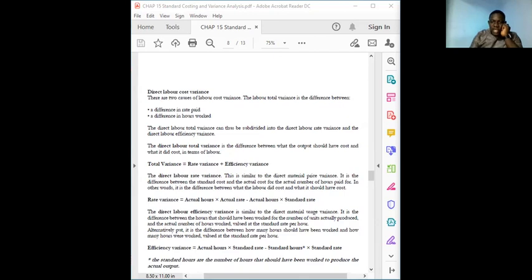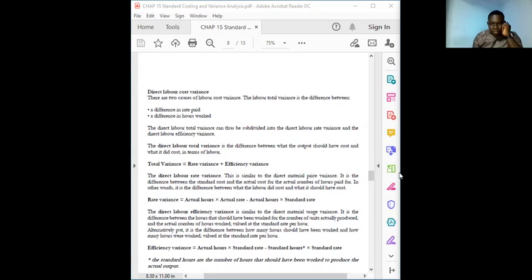Then we have what is called the direct labor efficiency variance. And that one, we look at the actual hours times standard rate minus standard hours times standard rate.